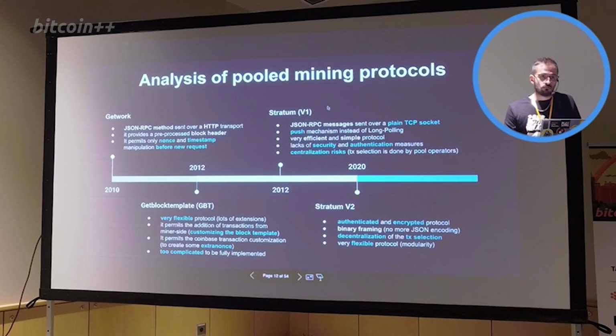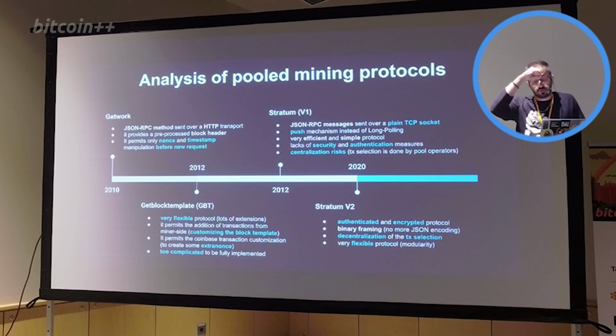It lacks end-to-end encryption, so if you're listening to the connection, you can do a middleman attack and steal hash rate from a miner, just send it to the pool as if it was yours. This has been demonstrated at Black Hat conferences. And again, centralization risks.